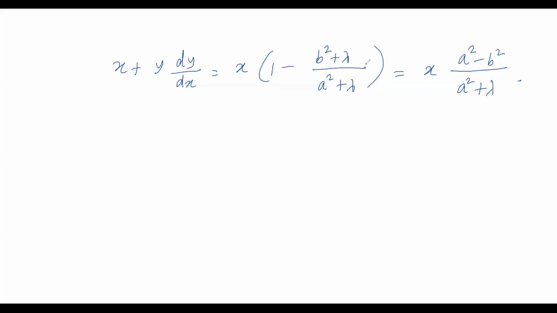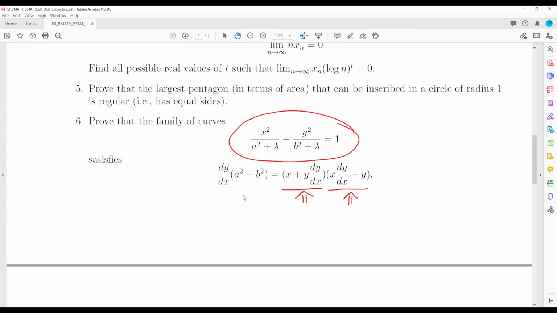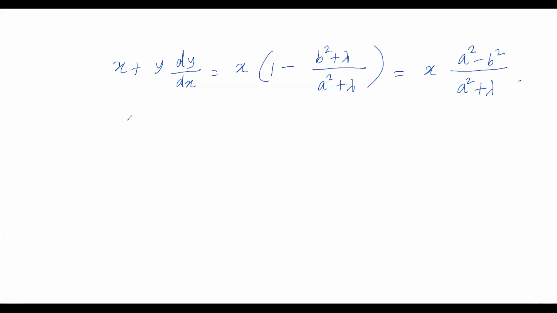Now we have calculated this part. Let's see what the other part was. The other part was x dy by dx minus y. For that part, we'll manipulate this. Since we know y dy by dx, let's divide and multiply with y.